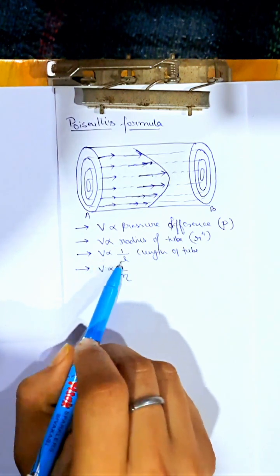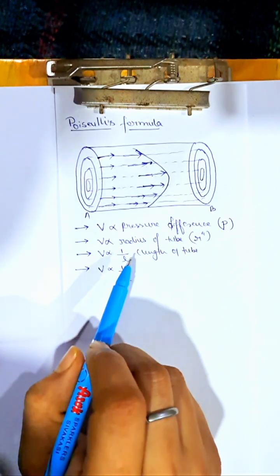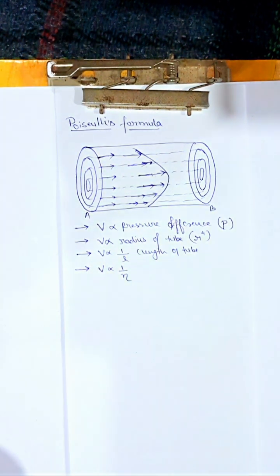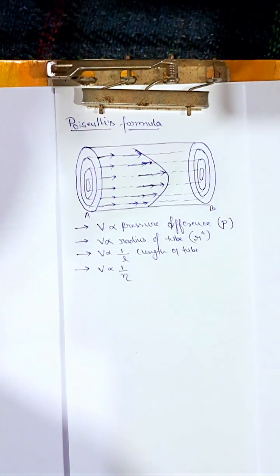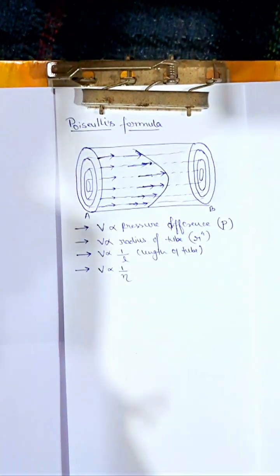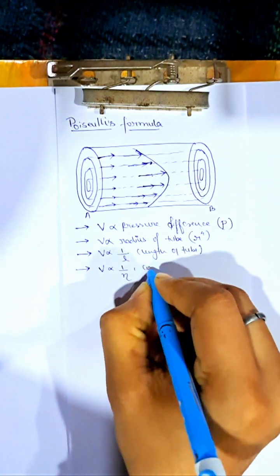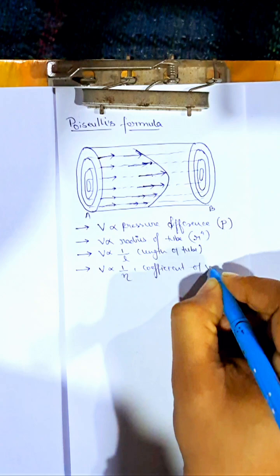So these are opposite relations: longer length, less velocity; shorter length, high velocity. So this eta is nothing but the coefficient of viscosity.